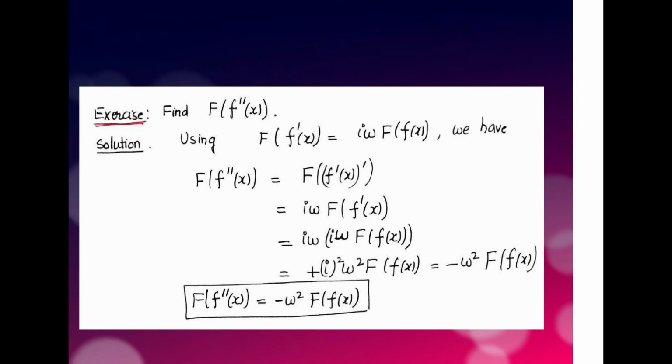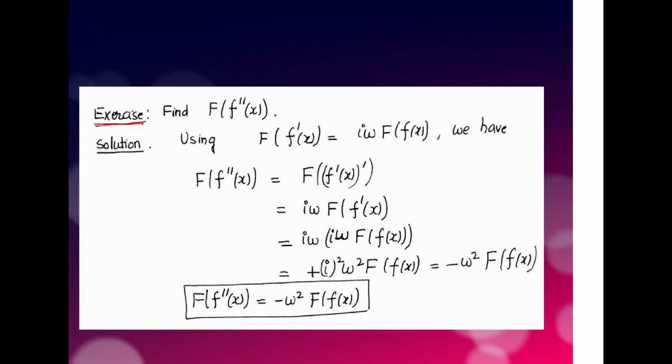We just integrate that twice, or we can use the last property also. Now using that property, Fourier transform of f dash x is equal to iota times w times Fourier transform of f of x. In this property, replace f of x by f dash x, that is the first order derivative.